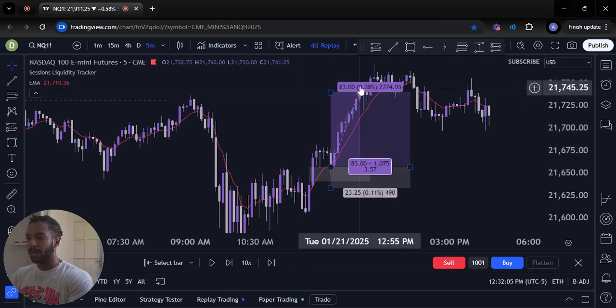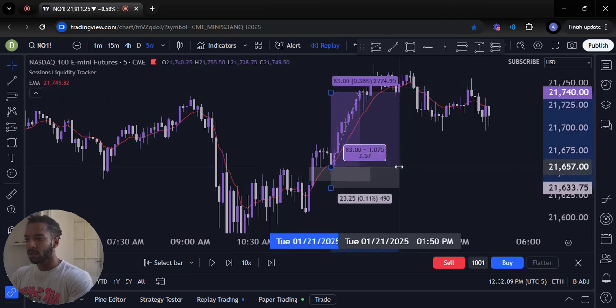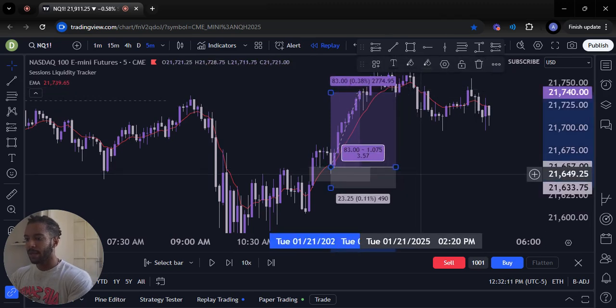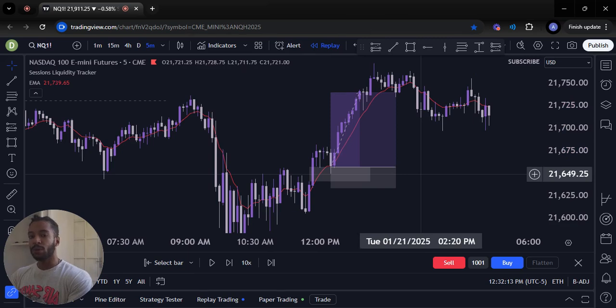So we peak out right here, but if we come right here, this is the first candle body close of the 9EMA. And so with this simple strategy, we're able to let our winners run and follow the trend and take as much as the market is willing to give us and not get out too early.